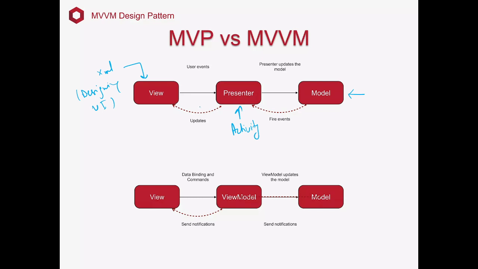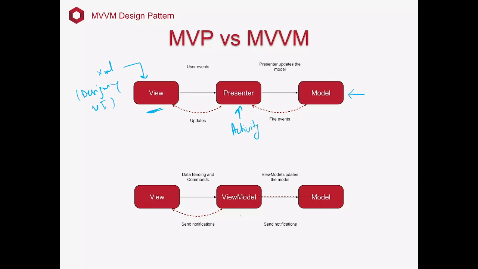Let's suppose on a button click I want to fetch data. I click on fetch data, it calls some repository that provides the data and gives you a model, and with the help of that model, you make changes in the view. That is the design pattern we previously used in Android. Now we have moved to MVVM.